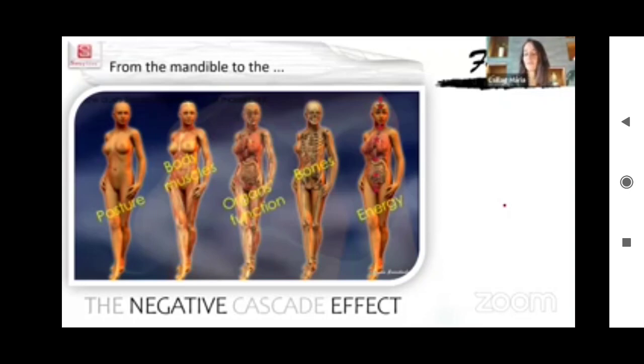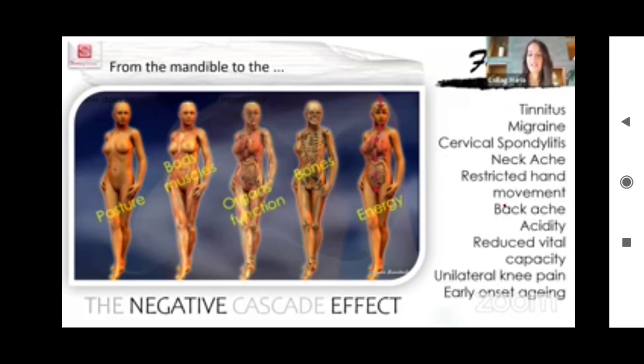We can speak about the vessels, the oxygenization, the nerve system, the lymphoid system, but this belongs to the energy as well, or the chakras or something like that. It's a hidden part of smile. I'm not going to speak about that one, but let us concentrate on the negative cascade effect.